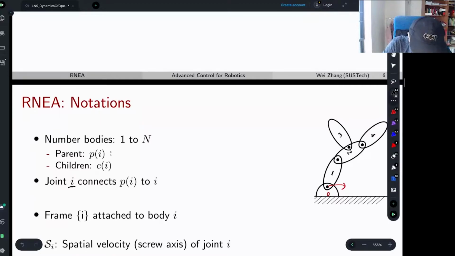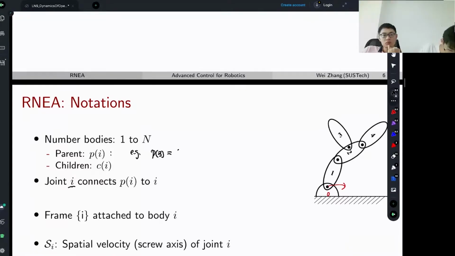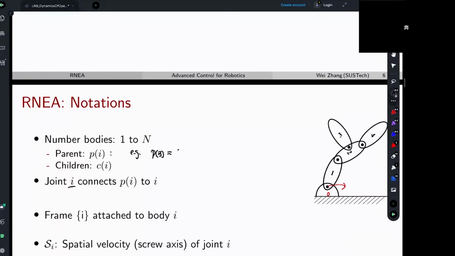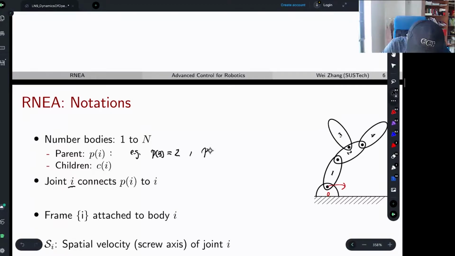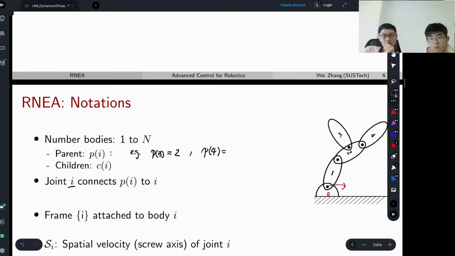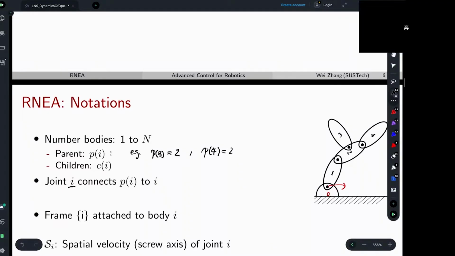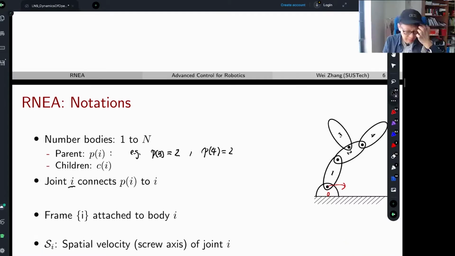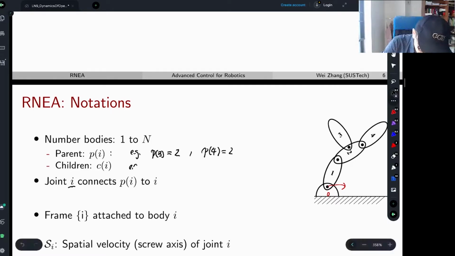For parent of i, I'm going to ask you, what's the parent of 3? The parent of 3 is link 2. And the parent of 4 is link 2. One parent can have 2 children, right? But one child cannot have 2 parents.